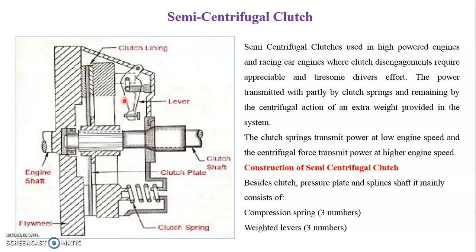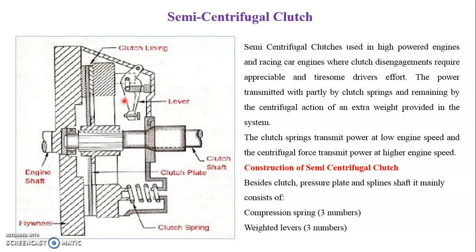Now let's see its operation. At low engine speed, the compression spring assists in preventing clutch slipping, as the centrifugal effect on the upper side of the weighted lever is very small.